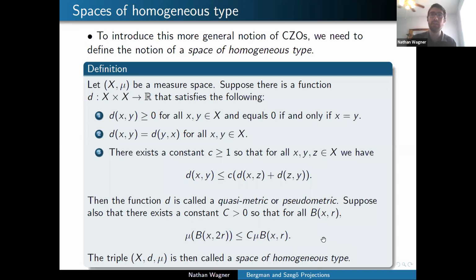That's the so-called doubling condition. And if I have that, then the triple (X, d, mu) is called a space of homogeneous type. The significance of this definition is that this is basically exactly the setting you need to do harmonic analysis with Calderón-Zygmund operators. This was figured out by Coifman and Weiss a long time ago, and this is the framework we're going to be working in.